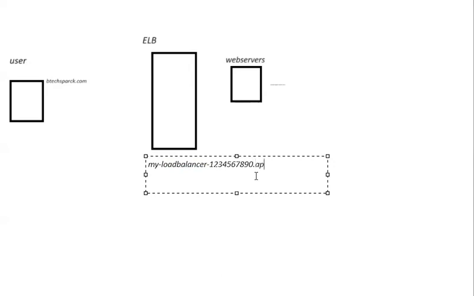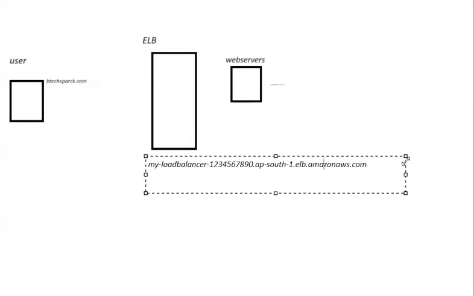Let's say I created it for the AP South region in 1A availability zone, then let's say it will be 1. And since it is an elastic load balancer, the DNS will end with elb.amazonaws.com.